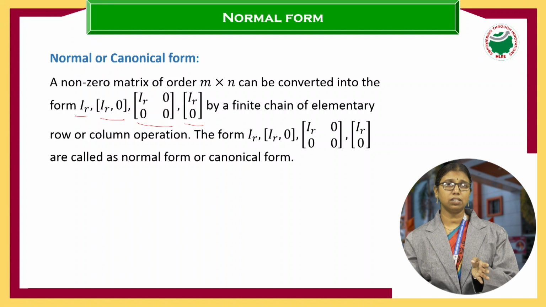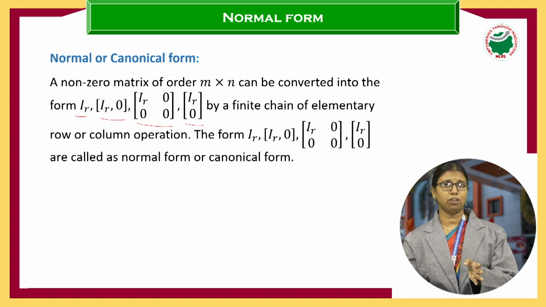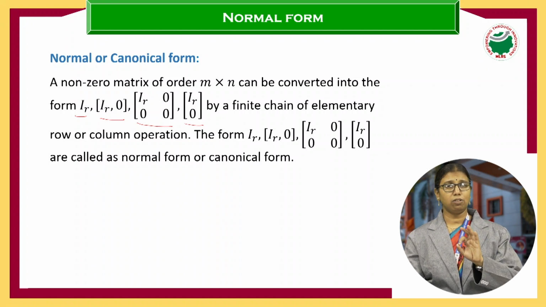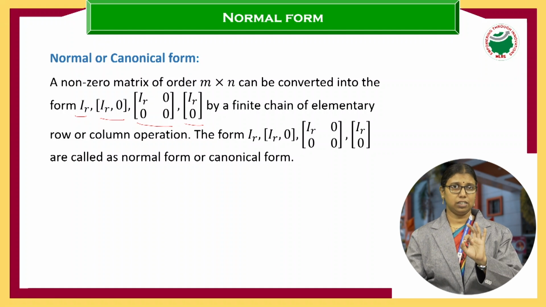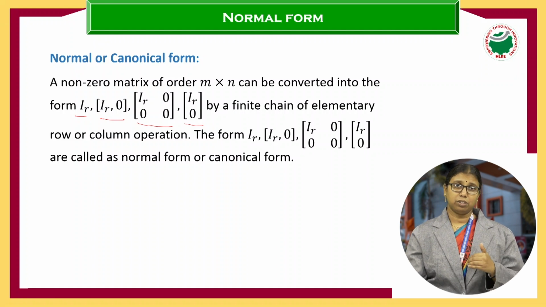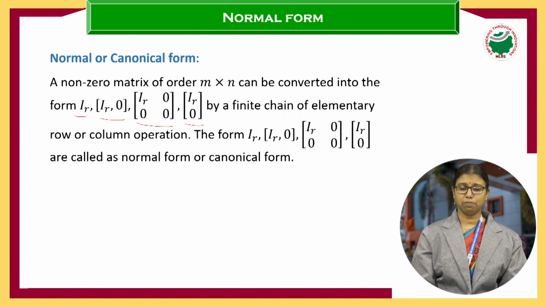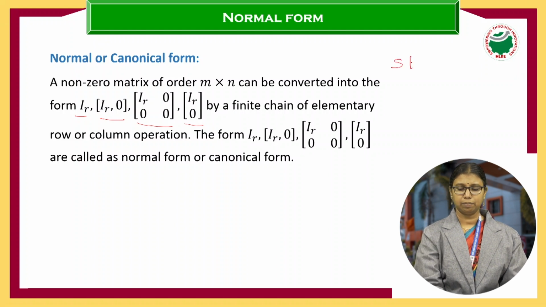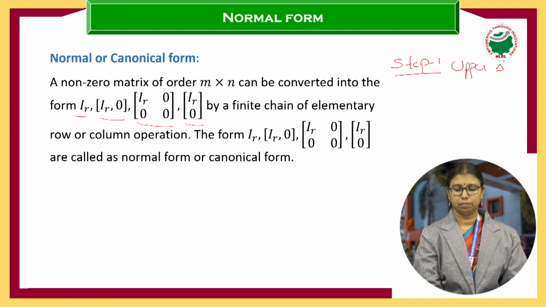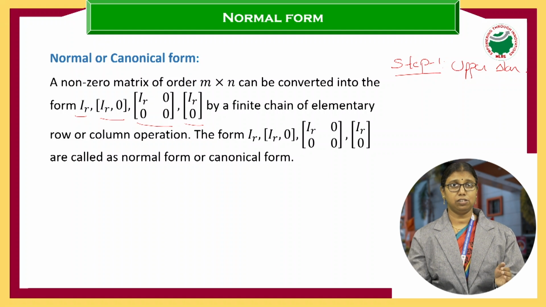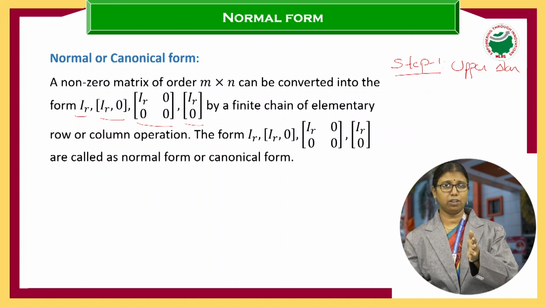To convert the given matrix to any one of these four forms, I'll follow three steps. As you all are comfortable with echelon form, you take step 1 as upper triangular matrix. Half of the solution is what we have done in echelon form; you do the same for normal form also.